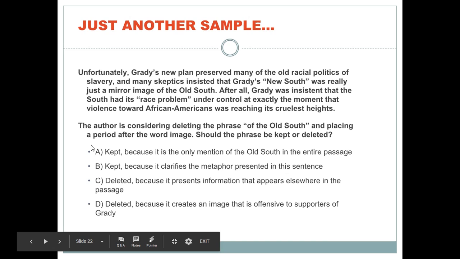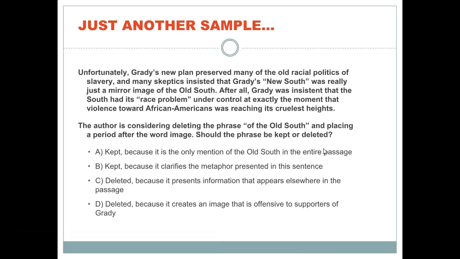So option A, kept, because it is the only mention of the Old South in the entire passage. Okay, it's the only mention, but why does that mean we have to keep it? A is not really convincing. B, kept, because it clarifies the metaphor. Well, that might work, because many skeptics insisted that Grady's New South was really just a mirror image, period.